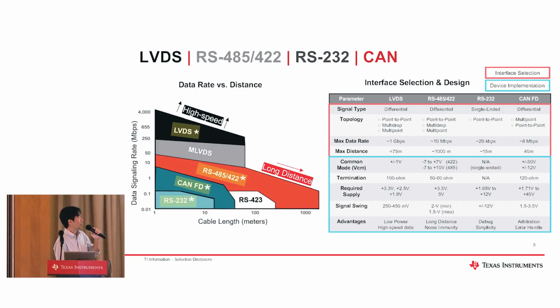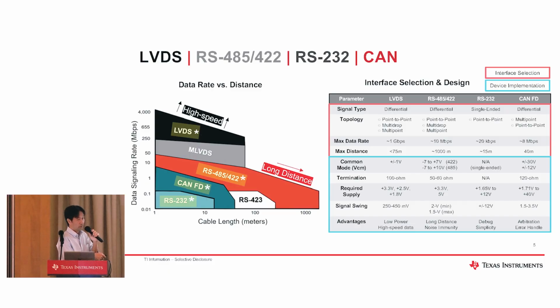Okay, so let's talk a bit about the interface selection and design. Depending on your system requirement, you will select the most suitable interface, right? For example, what kind of topology you need. You need to transmit the data to many different points, or just point to point, what is your data rate, and also the distance you need, and also the signal type. Is your signal type differential or single-ended?